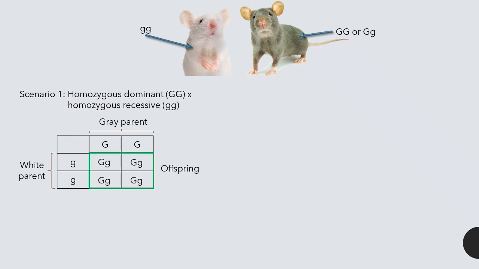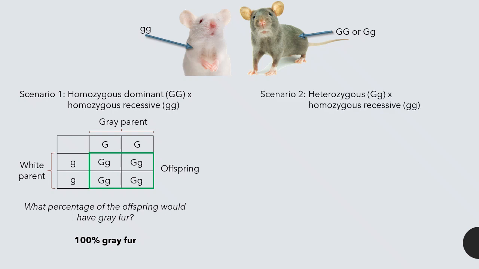Now, based on this outcome, what percentage of the offspring do you think would have gray fur? Got a number? Hopefully you answered 100%. We know they would all have gray fur because they would all be heterozygous, just like the F1 hybrids from a monohybrid cross.